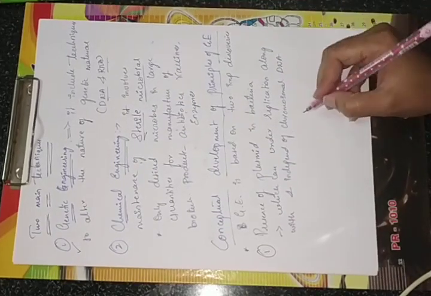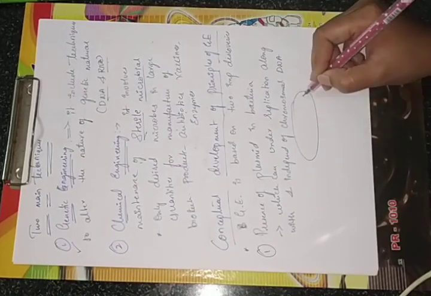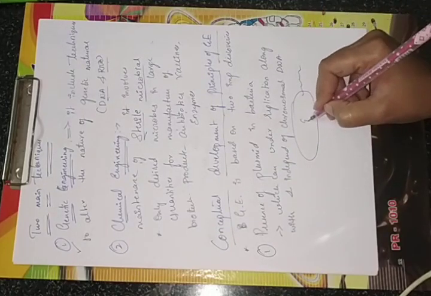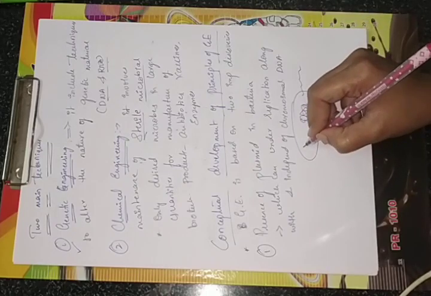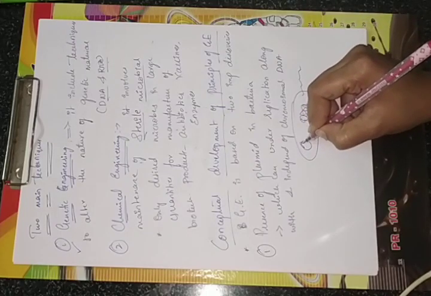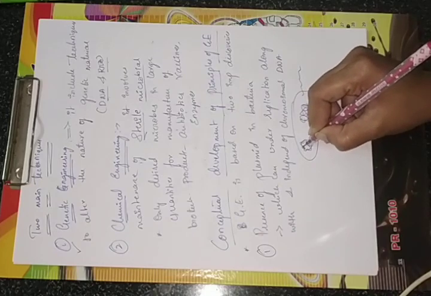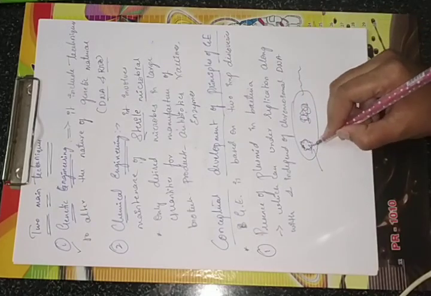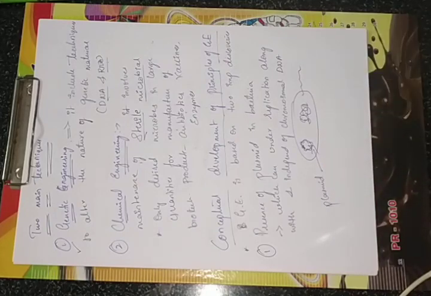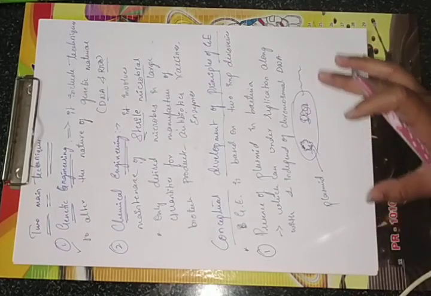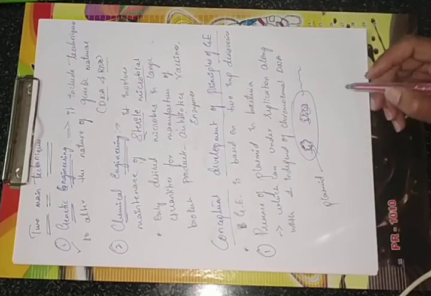Means what? If this is a bacterium, this is the genomic chromosomal DNA. Along with that, there will be a circular DNA, extrachromosomal DNA, which is called what? Plasmid. This is one of the best discoveries, I can say, in bacteria.